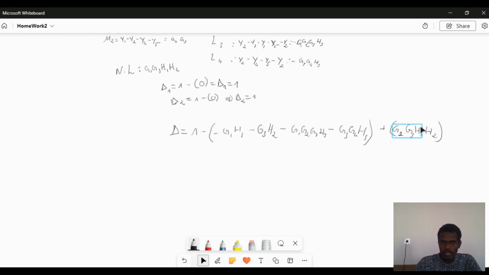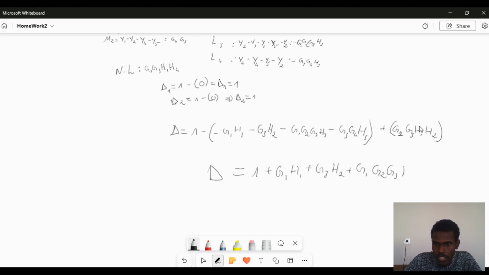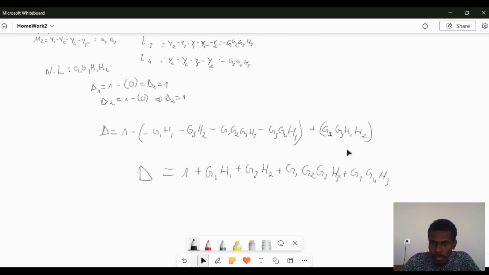So we can rewrite delta: delta is equal to 1 plus G1 H1 plus G3 H2 plus G1 G2 G3 H3 plus G3 G4 H3 plus G1 G3 H1 H2.